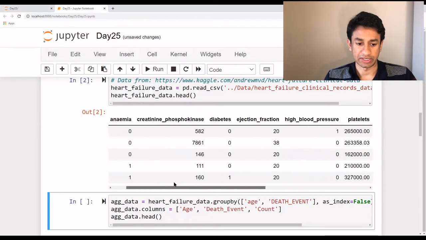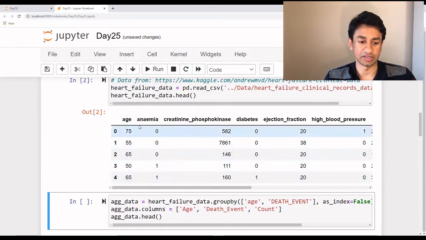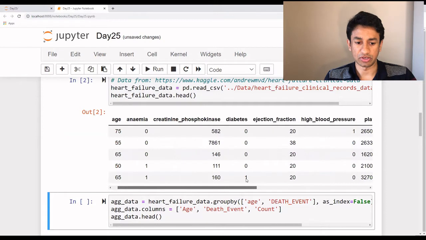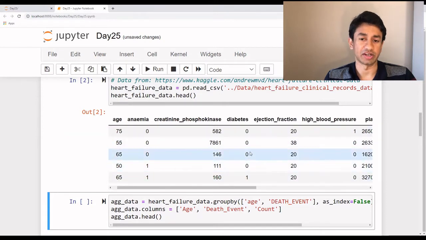It has various details like the age of the patient, whether they were anemic or not, whether they had diabetes or not, the blood pressure, and so on. We are going to make use of some of this data in order to learn how the Seaborn package can be used to plot various charts.